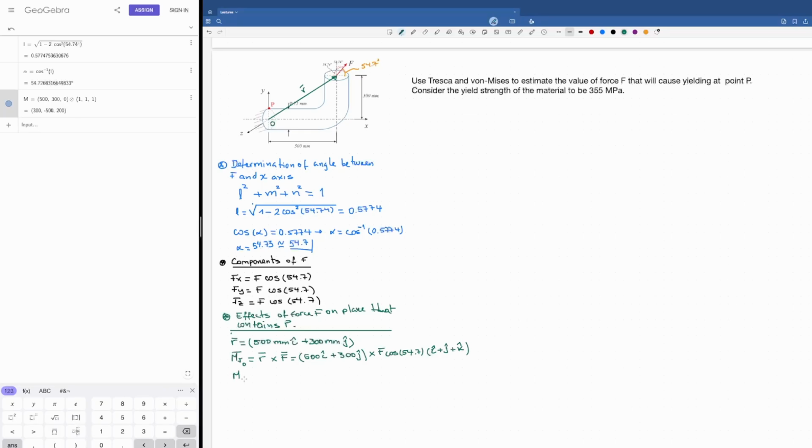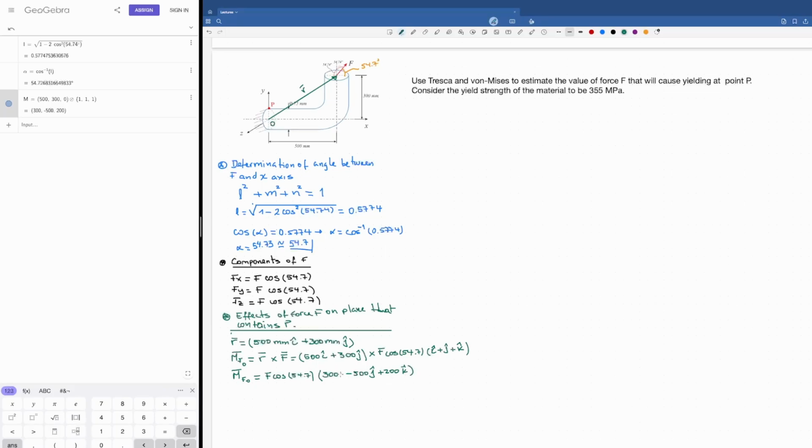So this moment is going to have, first, I need to multiply the magnitude, which I didn't do in the calculator, but the magnitude is there, times who? Times this vector, 300 I minus 500 J plus 200 in K here.